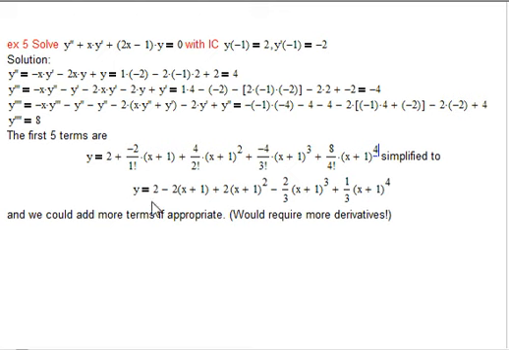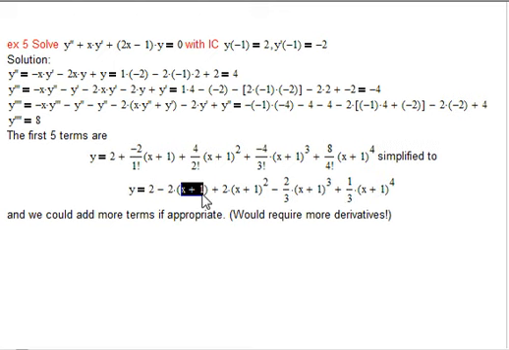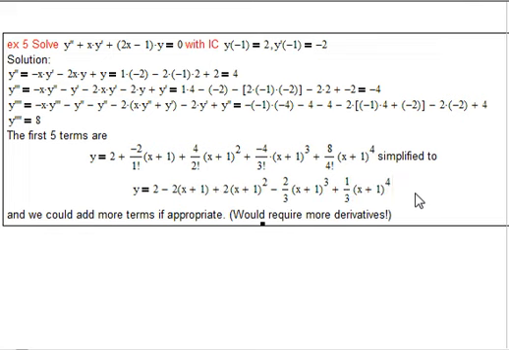And if you simplify that a little bit, you get 2 minus 2 times x plus 1 plus 2 times x plus 1 squared minus 2/3 times x plus 1 cubed plus 1/3 times x plus 1 to the 4th.